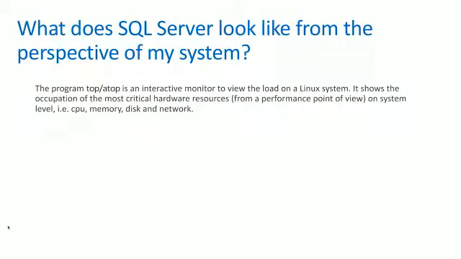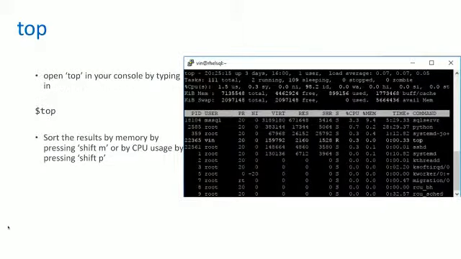So what does SQL Server look like from the perspective of my system? If you use top, this is a utility that comes with most Linux systems, for sure on Red Hat, as well as Ubuntu and SUSE, which are the three distros that SQL Server supports on Linux today. When you type in top in your console, you're going to get an output that's very similar to what you see on the slide here.